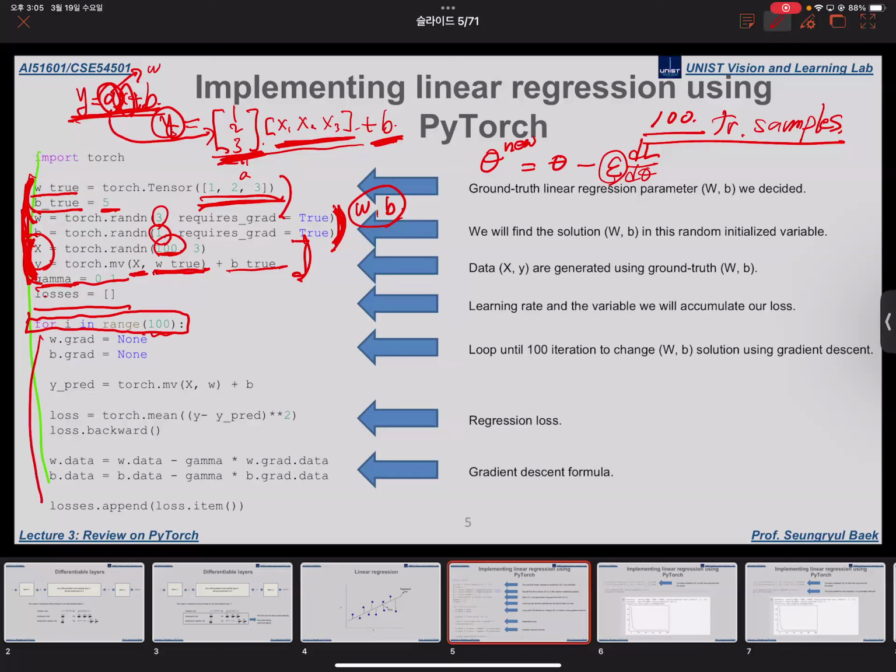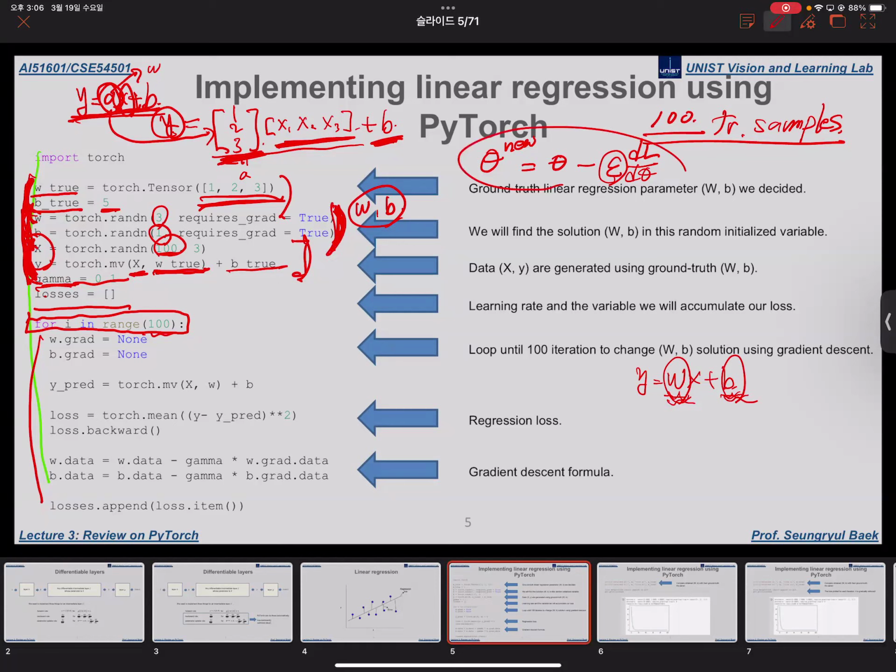And the thing we have to do is, for getting this true W and true B, we first randomly initialize W and B via this line of code.